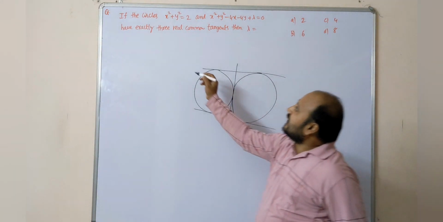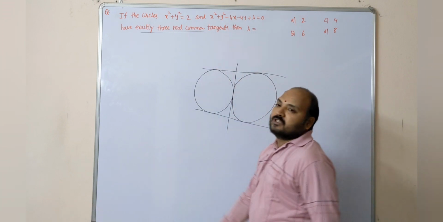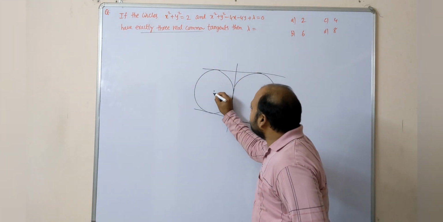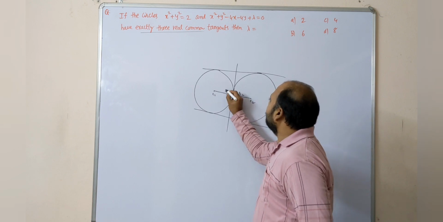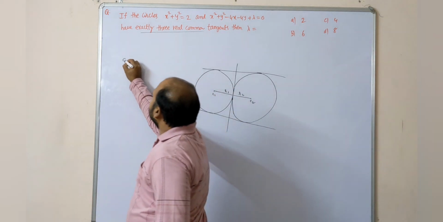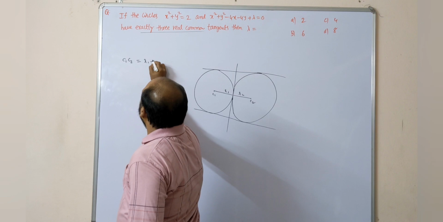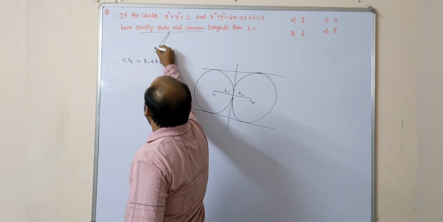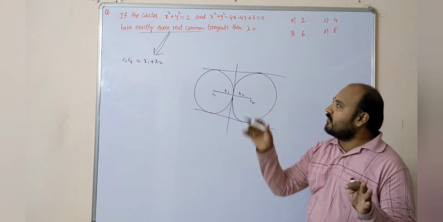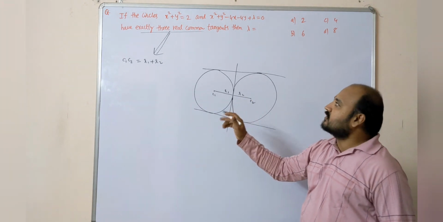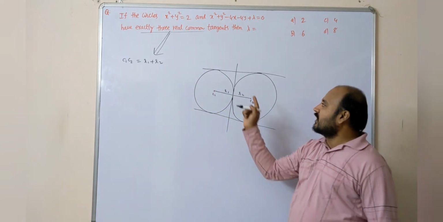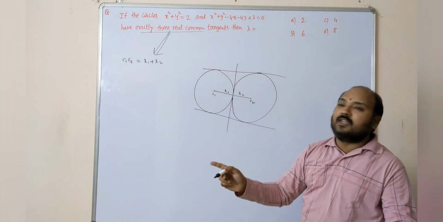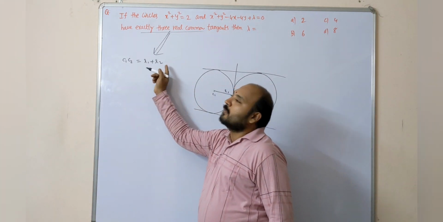Whenever exactly 3 real common tangents are possible, the distance between their centers is equal to the sum of the radii, C1 C2 equal to R1 plus R2. Whenever the given circles have exactly 3 real common tangents, the two circles touch each other externally. So C1 C2 equal to R1 plus R2.